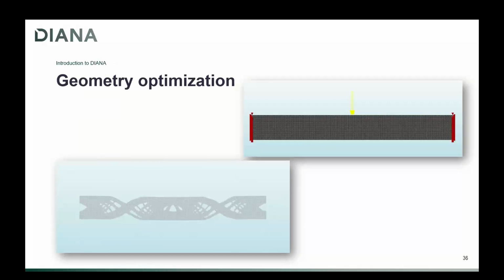Another strong feature in Diana is the Python scripting, as I mentioned in the introduction, and the geometry optimization with respect to the effectiveness of the model when it's subjected to such a load, and how you can reinforce and retrofit the model because of the load distribution pattern in the model. There are many powerful features that you can induce and use in conjunction with other tools that we have in Diana based on the Python scripting.